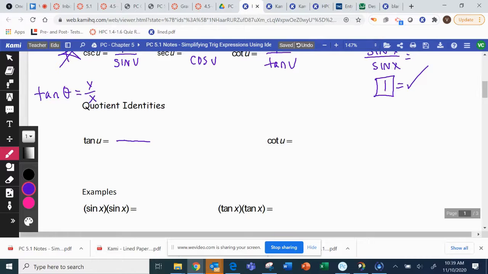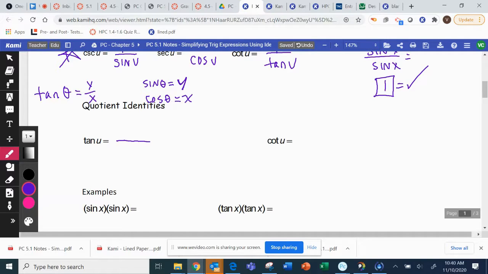And when we were doing those kind of things, what was sine theta? Sine was y, over r. So I'm going to pretend that r is 1. This is the unit circle. So it's just y. And cosine in the unit circle would just be x.